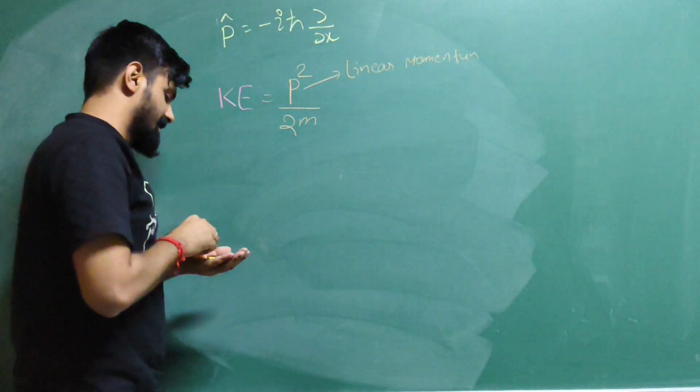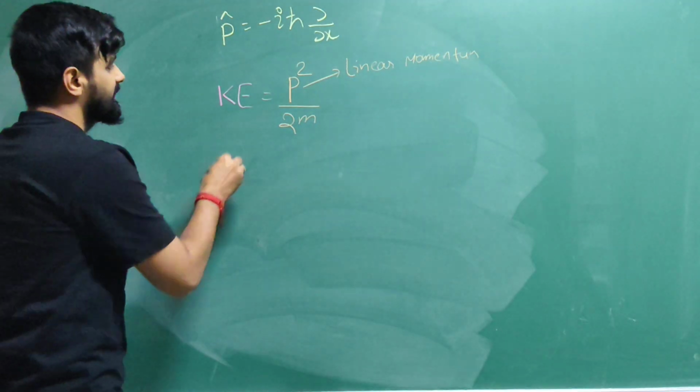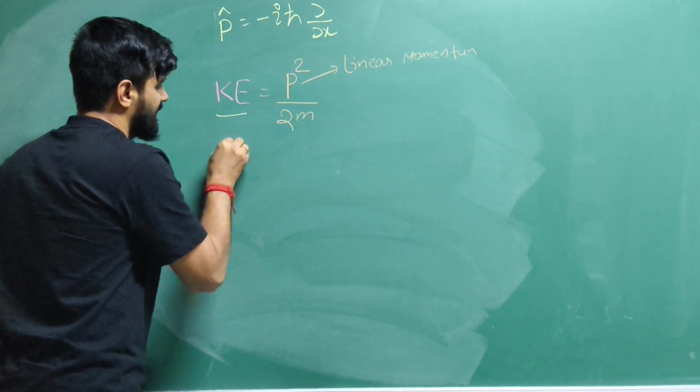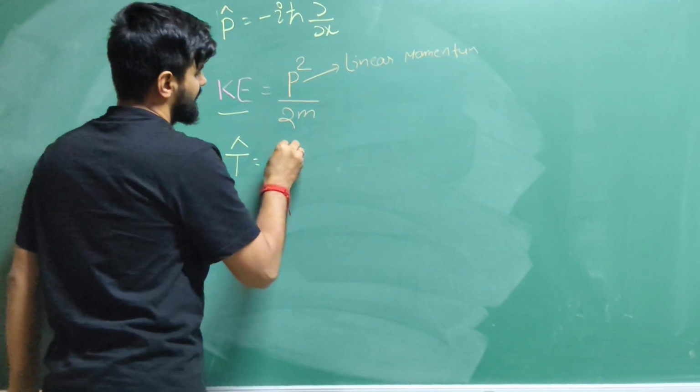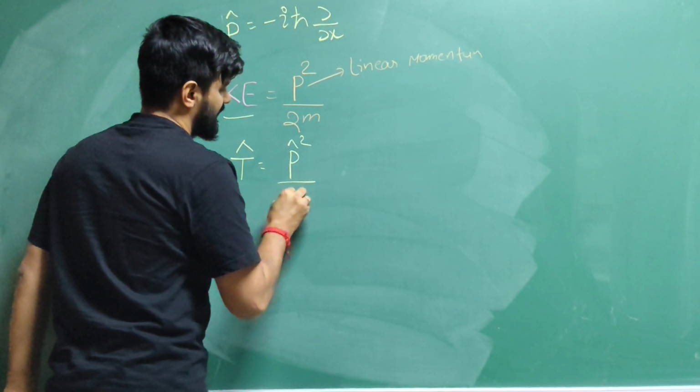Similarly here, the kinetic energy operator is defined as T cap, and that will be equal to p cap whole square divided by 2m.